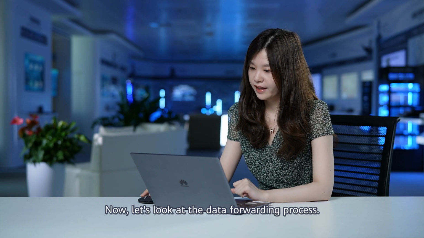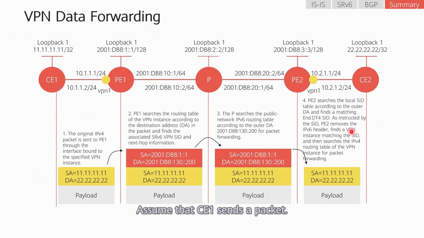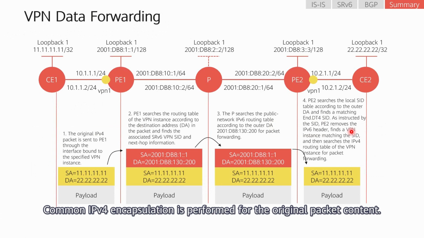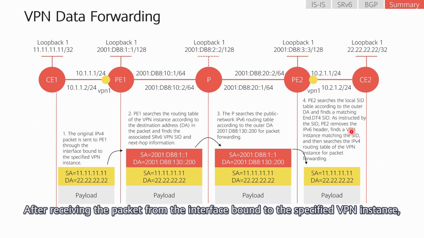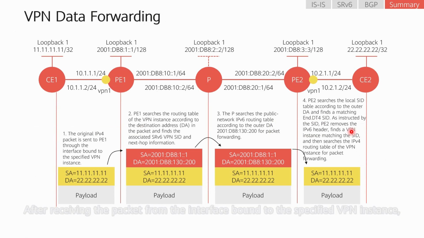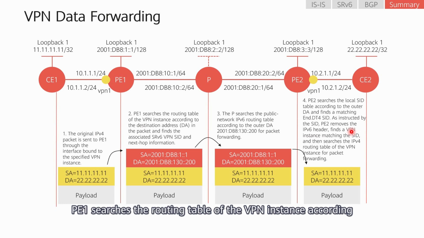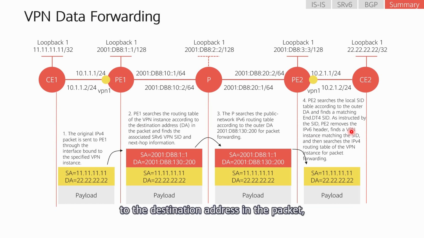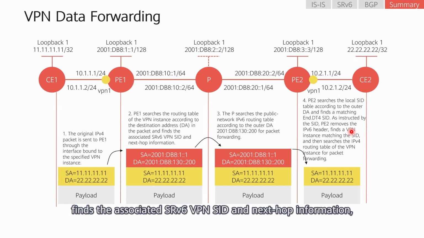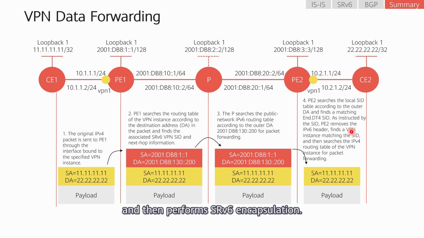Now, let's look at the data forwarding process. Assume that C1 sends a packet. Common IPv4 encapsulation is performed for the original packet content. After receiving the packet from the interface bound to the specified VPN instance, P1 searches the routing table of the VPN instance according to the destination address in the packet, finds the associated SRv6 VPN SID and next hop information, and then performs SRv6 encapsulation.